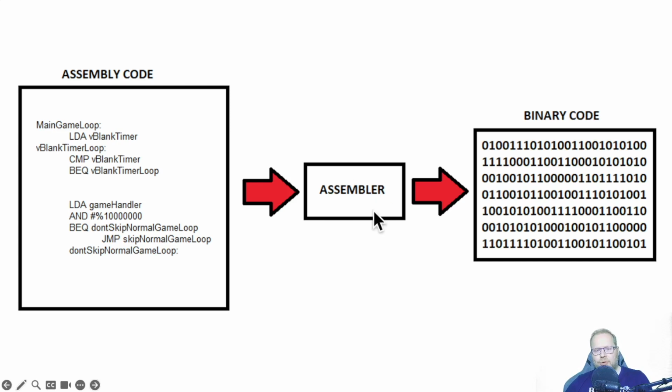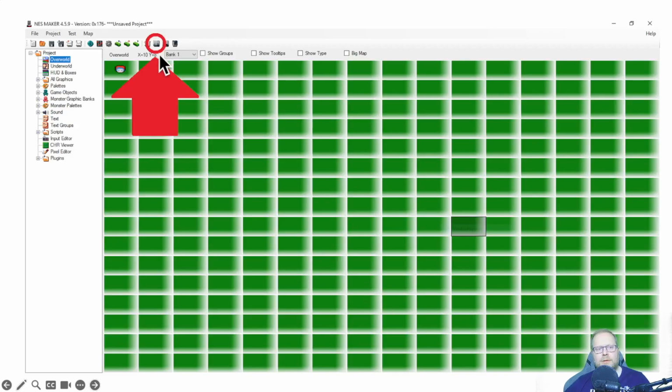So the assembler part here is essential when programming in assembly language. If you don't have an assembler, you can write assembly code as much as you want, but you can't translate it into zeros and ones, because that's what the assembler does. And that's what happens when we run export and test.